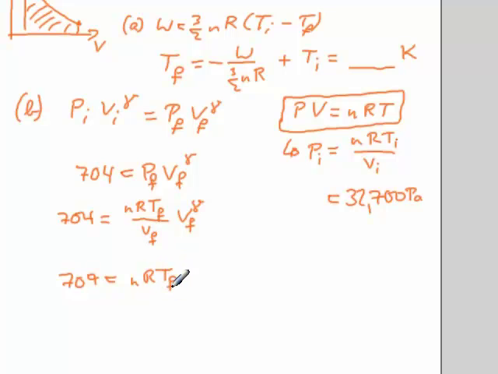nRTF, which we know, times VF to the gamma minus 1, one of the laws of the exponents.